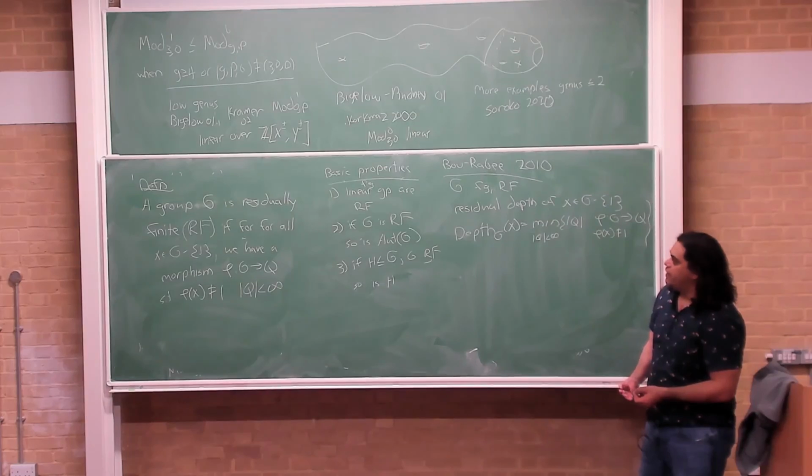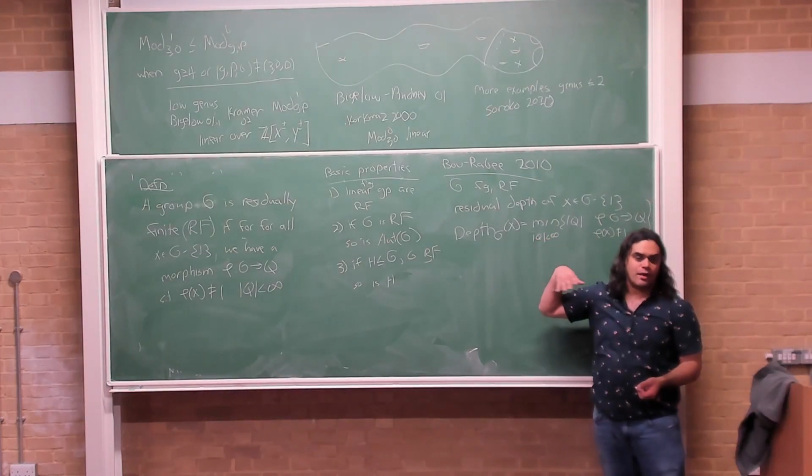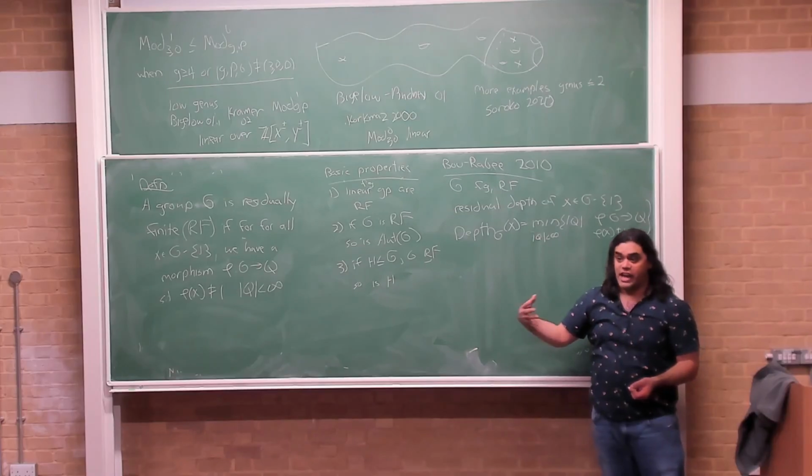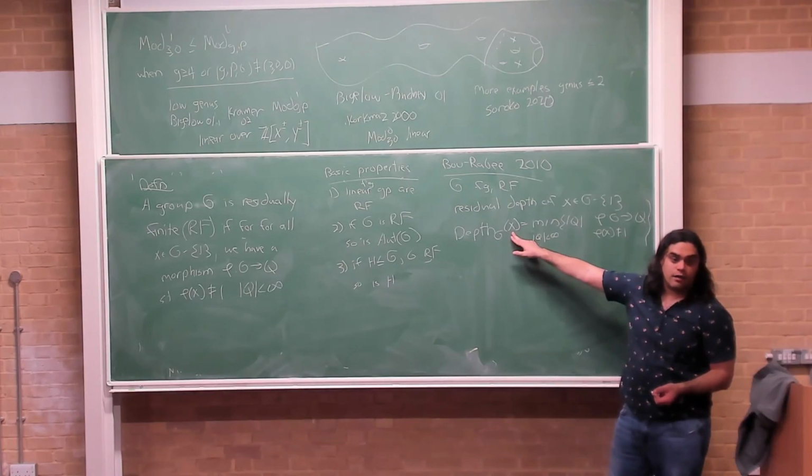And what you want to think is that this could be used to describe, in the profinite topology, a natural metric which tells you how far X is away from the identity, right?